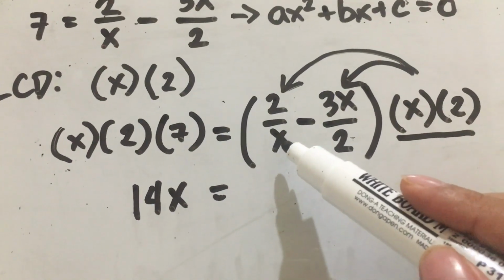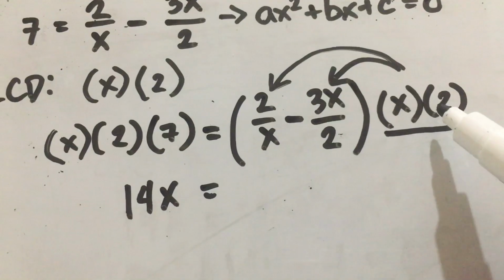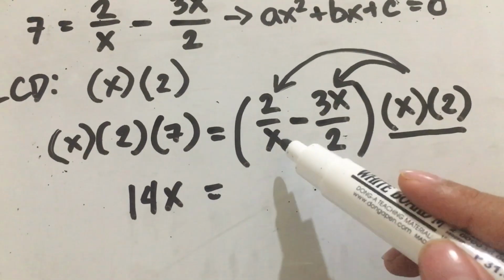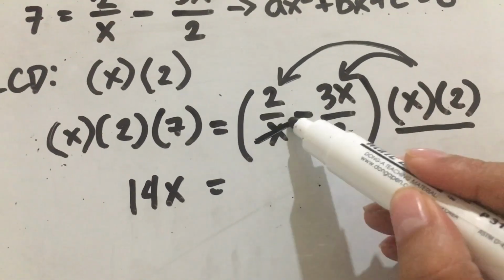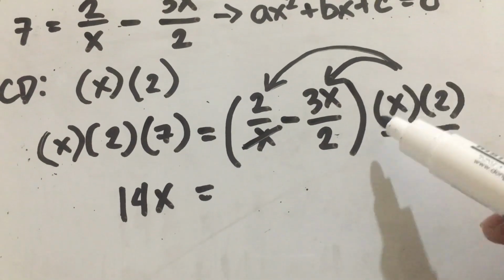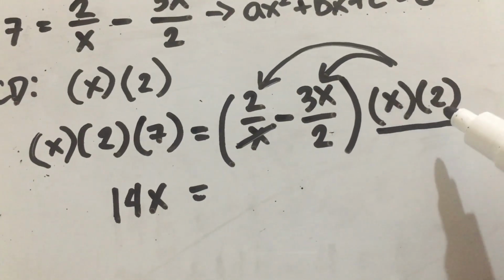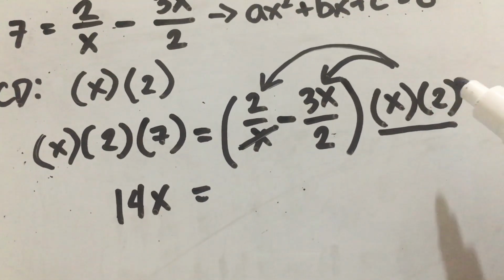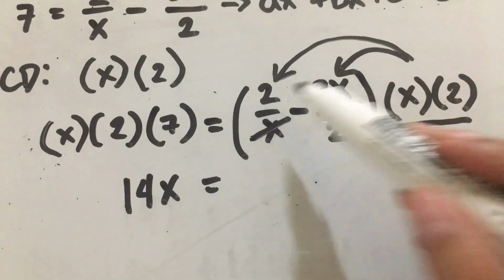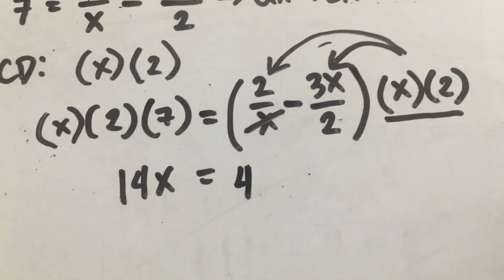What is the common factor of the denominator of 2 over x and your LCD? The common is x. So we cancel out x and cancel out x in our LCD as well. Therefore, the 2 is the only thing left to multiply by 2. So what is 2 times 2? That is equal to 4.